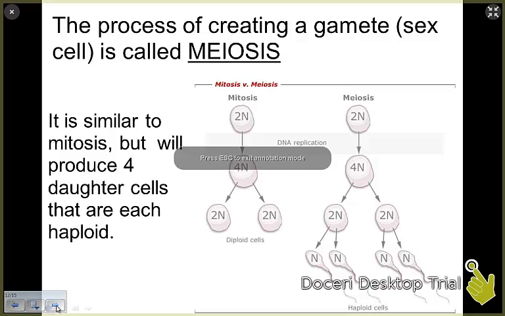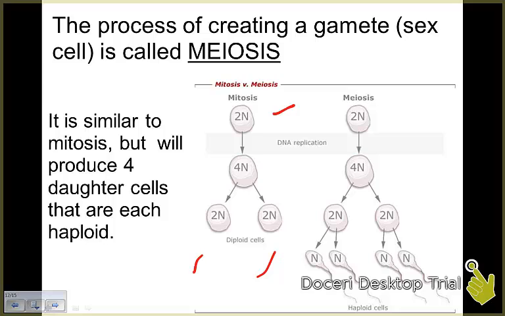All right, moving along, this process of creating a gamete, the sex cell, is called meiosis. Remember I said in mitosis we go from one mother cell to two daughter cells. The mother cell is 2N, and then it goes through replication, that's the S phase of interphase. Now we're at 4N, but then we have mitosis, and we end up with the two daughter cells.